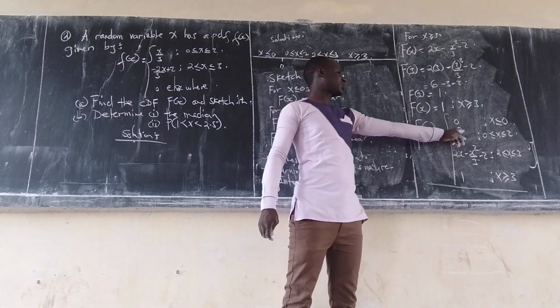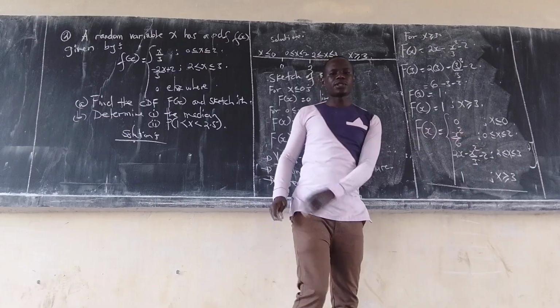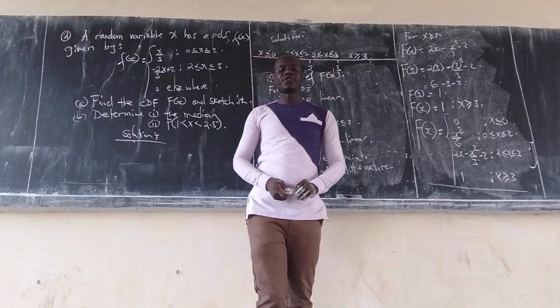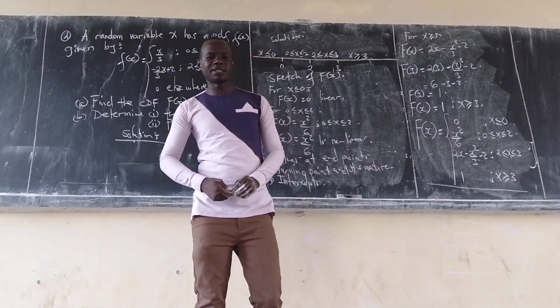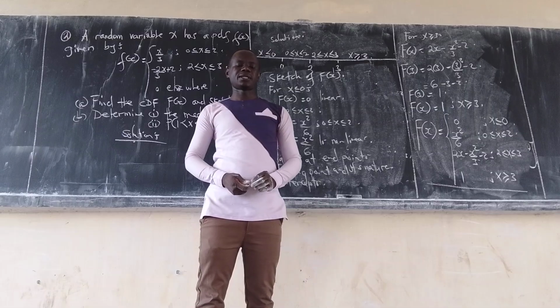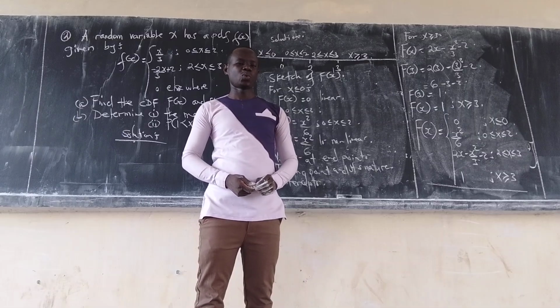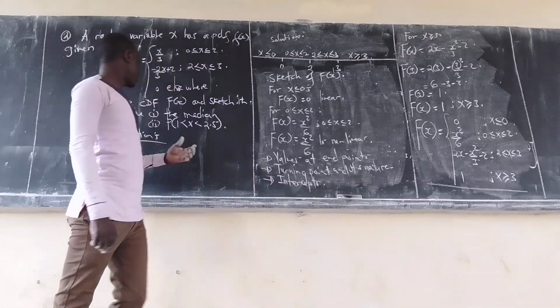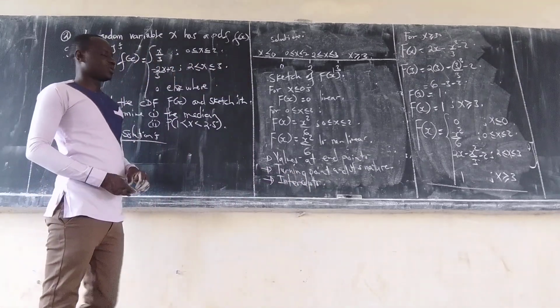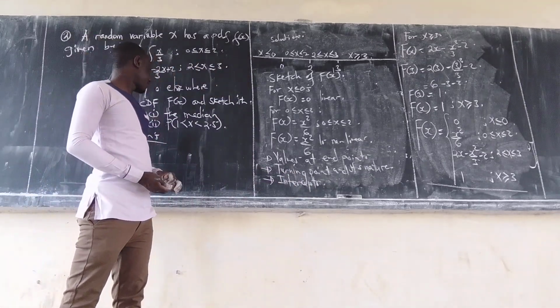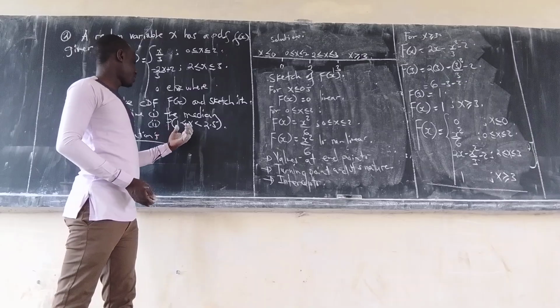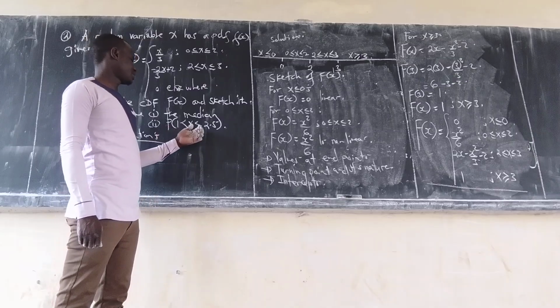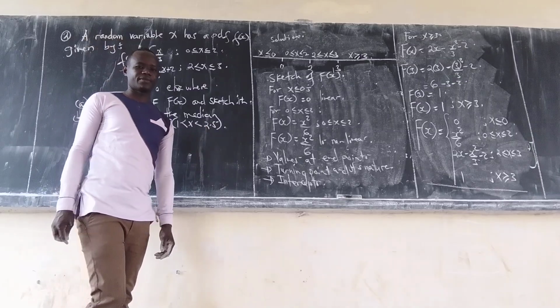So you put here m squared over 6 and equate to a half. If you do that, you realize that the median is 1.7321. After doing that, you will go for Roman 2, which is to do with finding the probability that 1 is less than x less than or equal to 2.5.